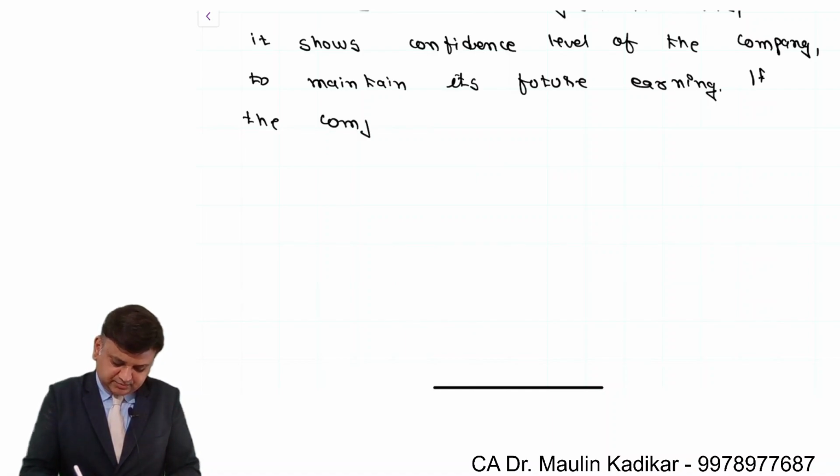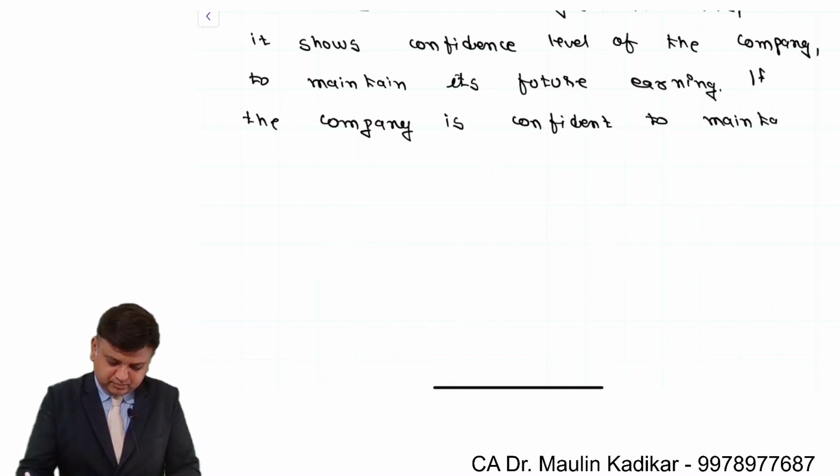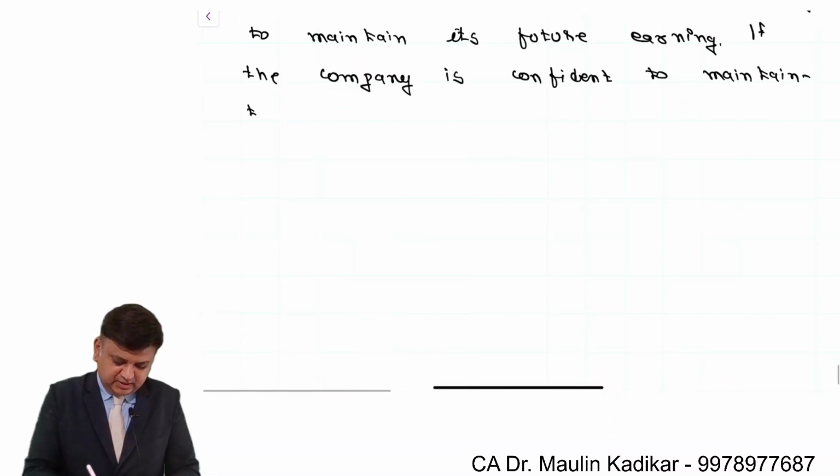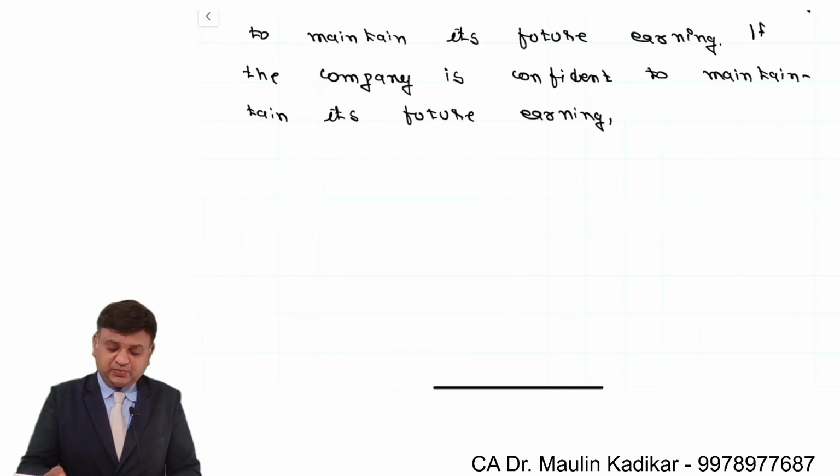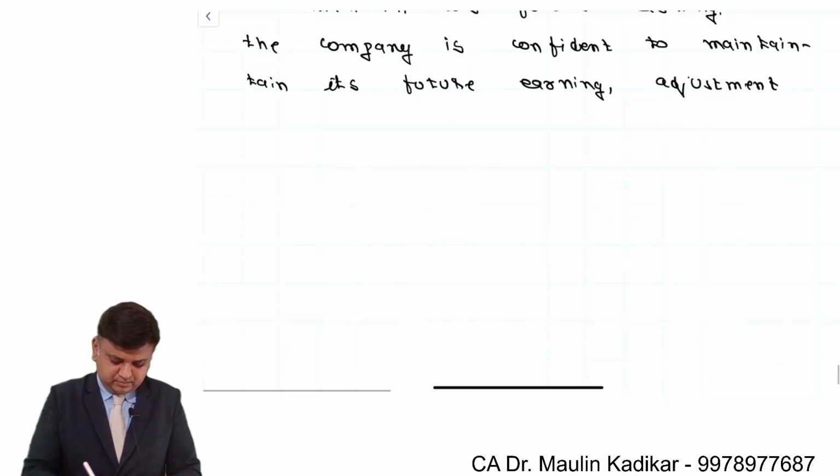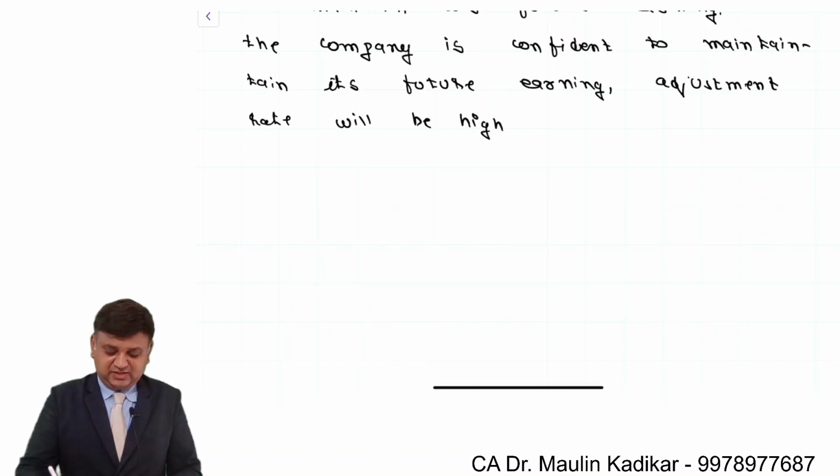If the company is confident to maintain its future earning, the adjustment rate will be high, and vice versa.